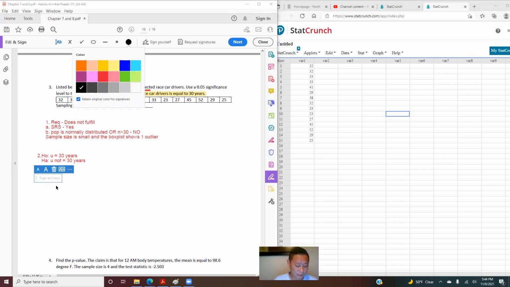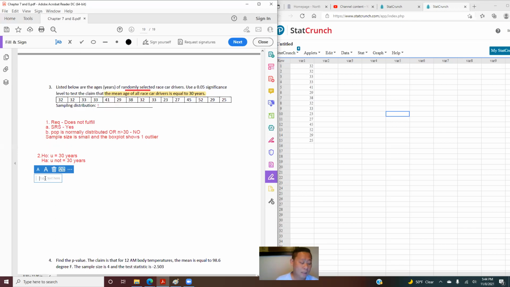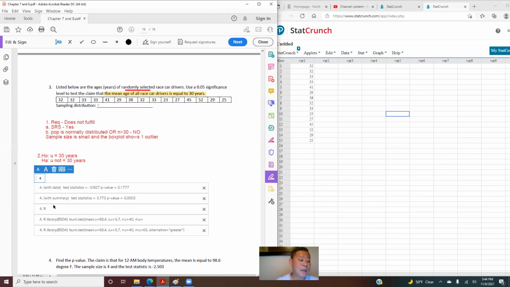Step four is we have to use your StatCrunch. Is this with data or with summary? Summary means I give you the mean, standard deviation. Does this question give you the mean, standard deviation, sample size?